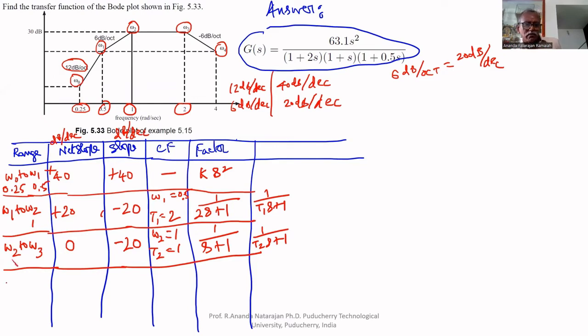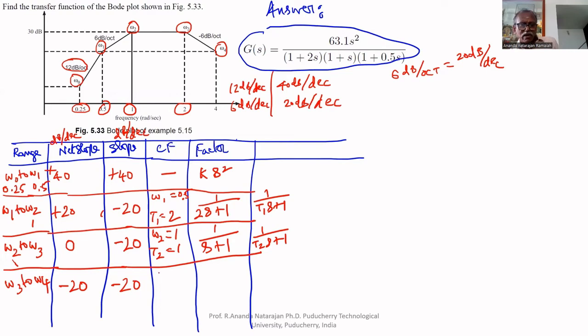Omega 3 to omega 4. Here it reduced to minus 6 dB per octave. Therefore, from 0 to minus 6 dB, that is, minus 20 dB per decade. So the net becomes minus 20. 0 becoming minus 20 means the contribution is minus 20.